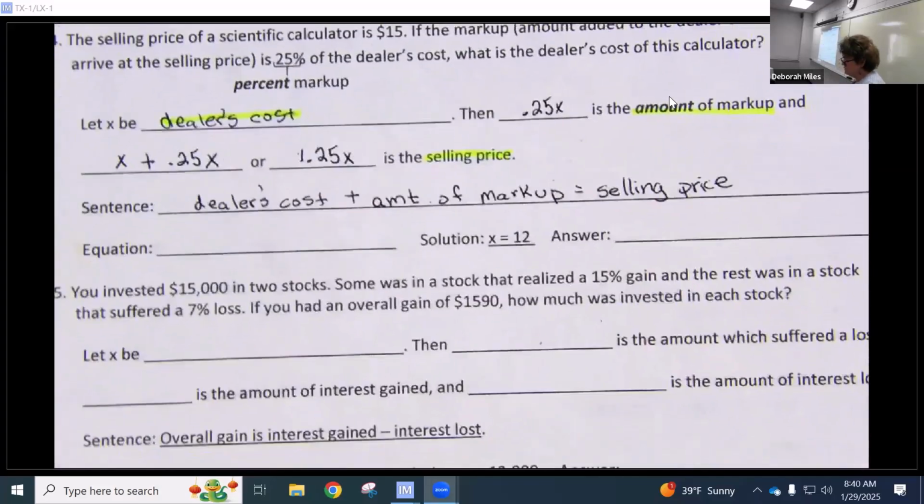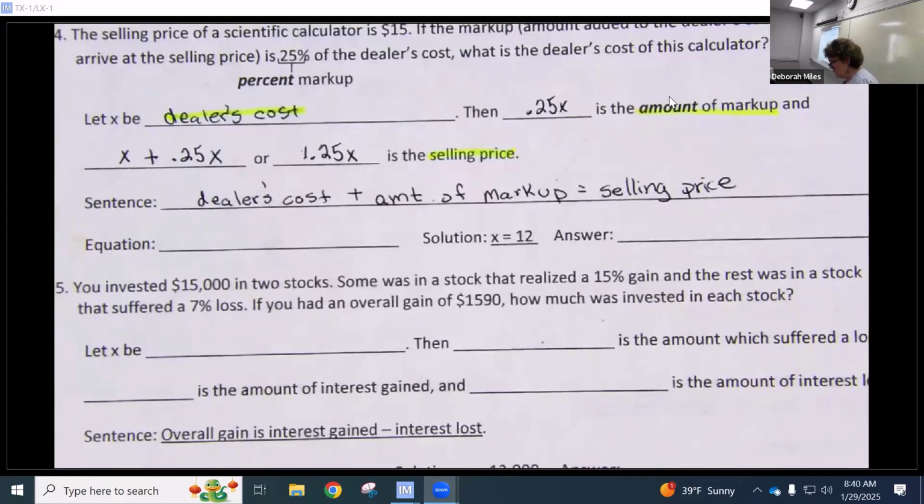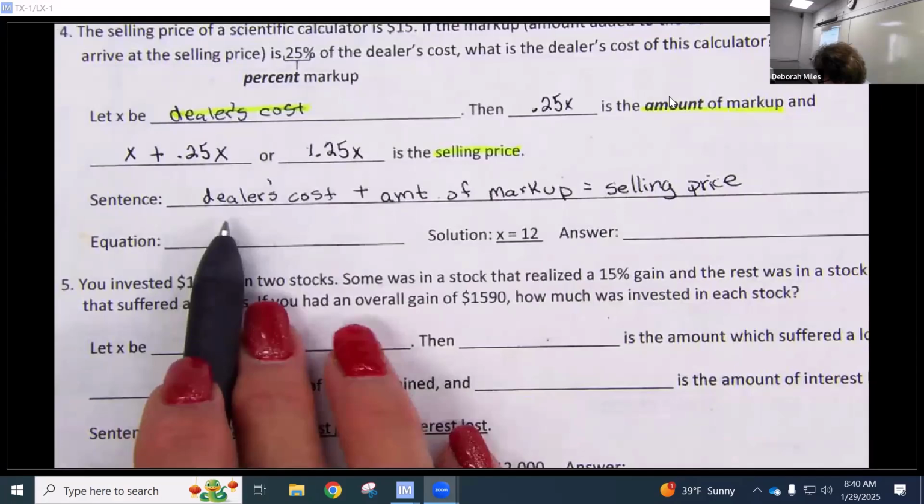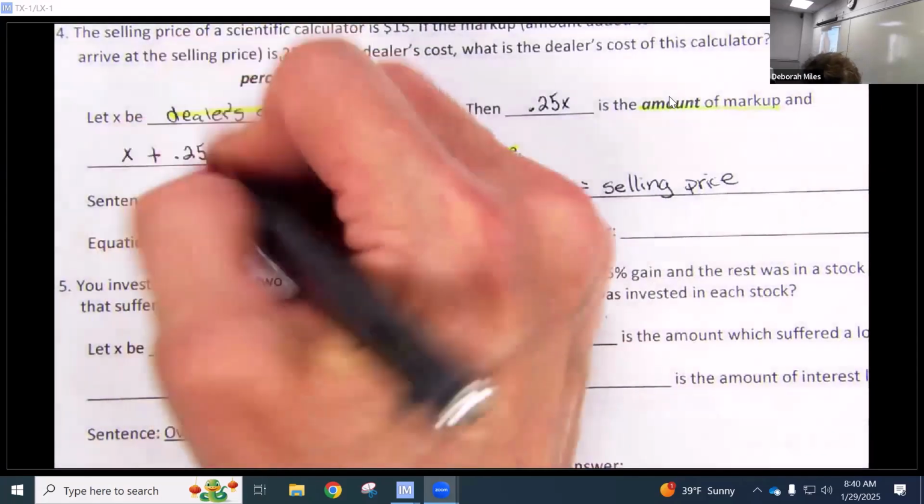Exactly how business works. TI makes a calculator, sells it to Walmart for $10. Walmart marks that up 25% and then sells it for the selling price. So in my equation, what am I going to put in place of dealer's cost?